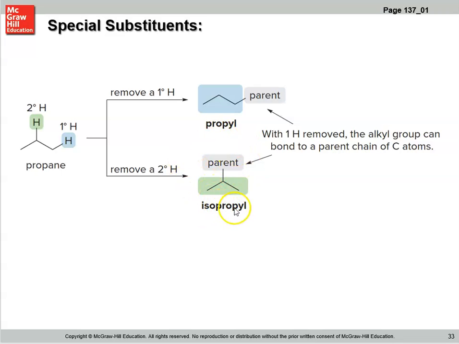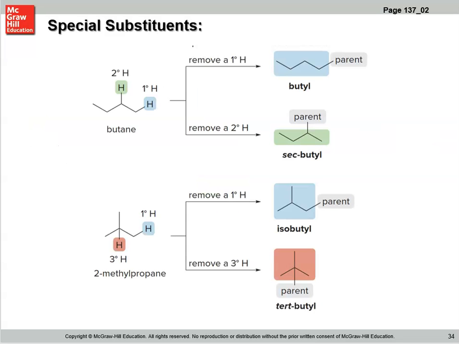So this will get its own type of name if we have a short substituent group that is bonded to that middle carbon. Propane has that special substituent, so does butane. So here is an example of butane, so there's 4 carbon groups. If it's on the end, it's just a normal butyl group, 1, 2, 3, 4. If it's on, for example, the 2nd carbon, it's going to be a sec-butyl because it's a secondary carbon.